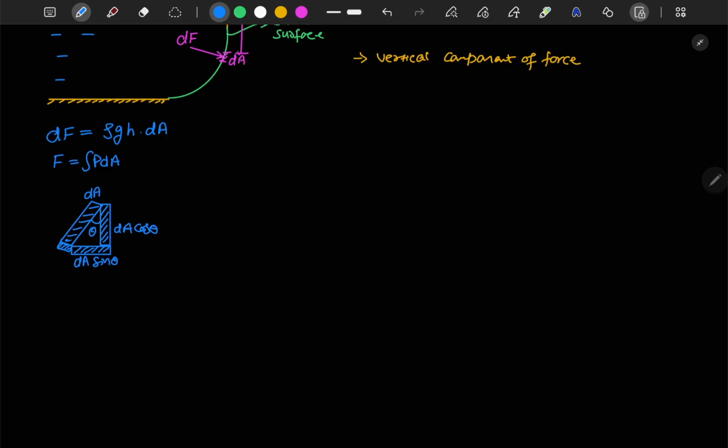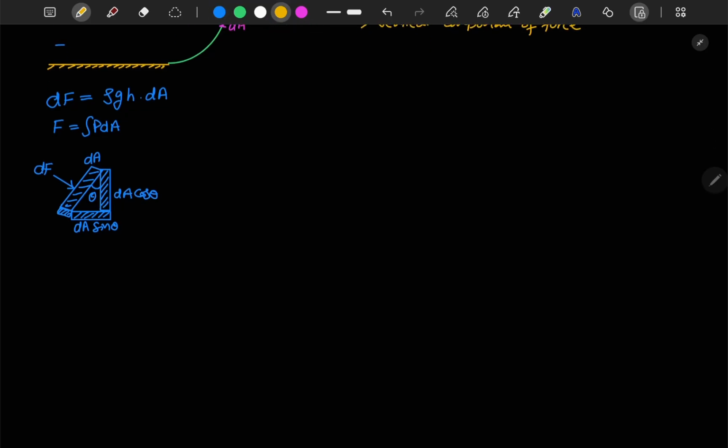Okay, and if we talk about the forces, then pressure p is acting on this, or my dF is acting on this. Let me draw it like this: the actual force dF is acting like this. We can make it into two components, this one and this one, where this angle is theta.